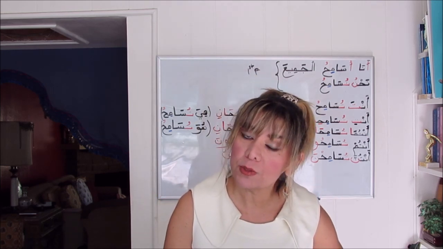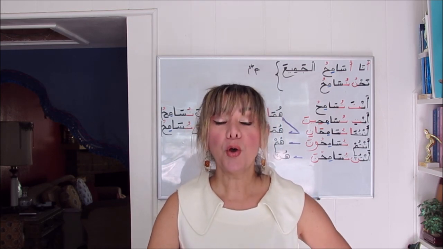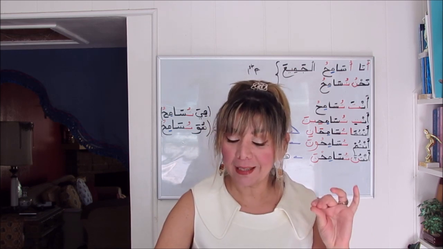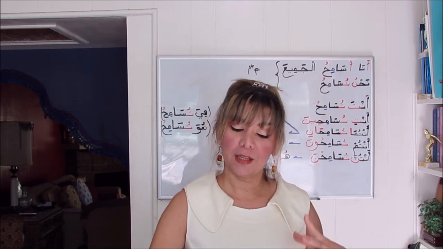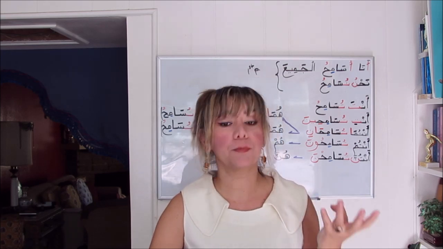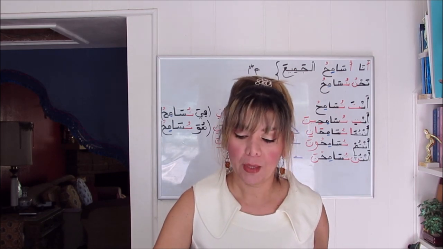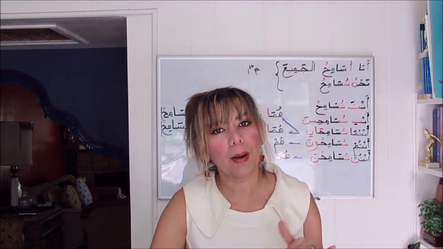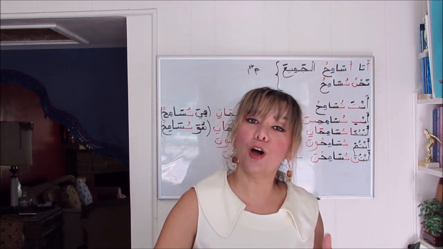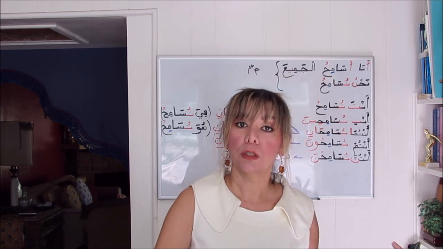Let's find out how a Form 3 verb conjugates in the present indicative. A mood that requires the sentence to be in its affirmative, interrogative, or negative form, and not preceded by some particles which necessitate the use of the subjunctive mood or the jussive mood.